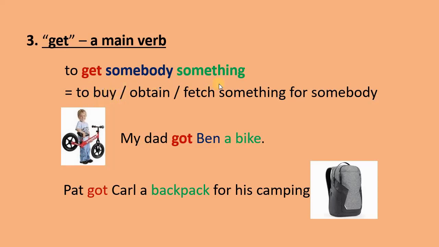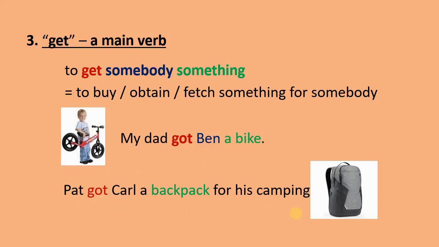To get somebody something means to buy, to obtain, to fetch something for somebody. Example here, my dad got Ben a bike. Pat got Carl a backpack for his camping.